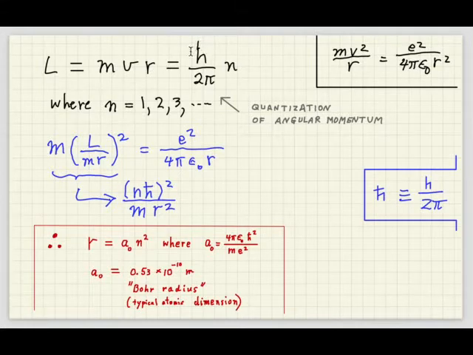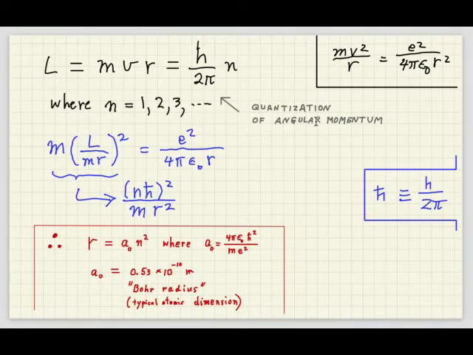And in order to get the correct energy levels, the quantum has to be Planck's constant h divided by 2 pi. So here was Bohr's second postulate about the atom. L is h over 2 pi times n, where n is an integer. It could be 1, could be 2, could be 3, and so on. That's called quantization of angular momentum.